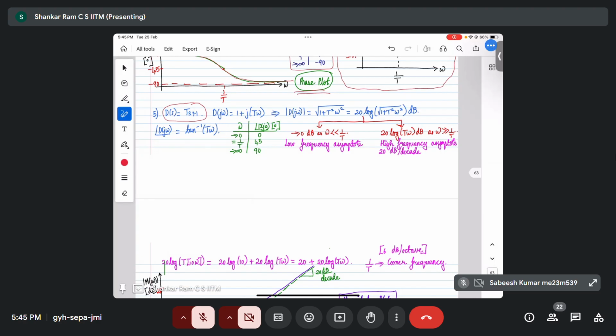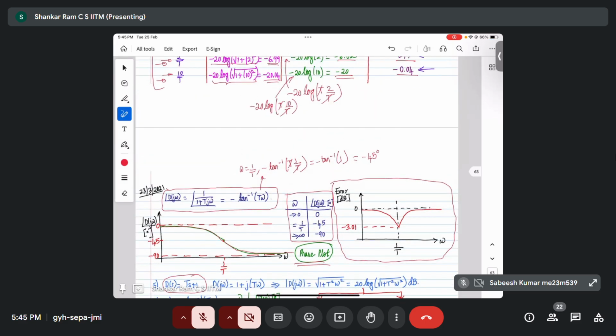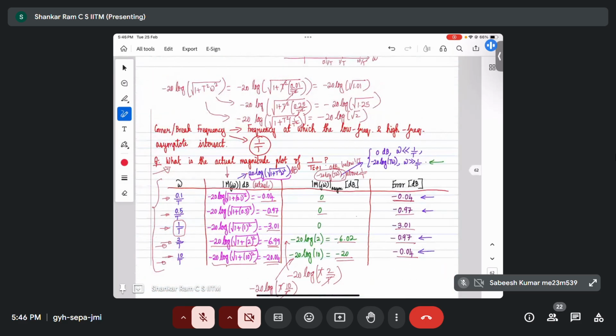Sir, these asymptotes, the very low frequency and very high frequency asymptotes, will they always intersect at 1 by T? May I know who this is? Sir, Vikas. Okay. In this particular example, it is at 1 by capital T for this factor. When we go to the second order factor, you will see that it will intersect at omega n, which will be the natural frequency.